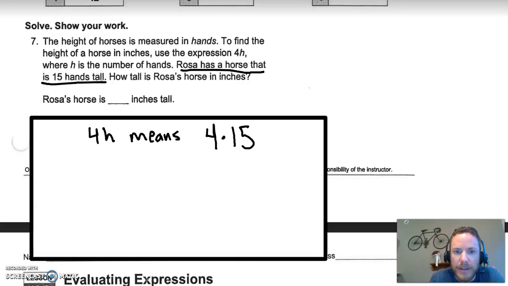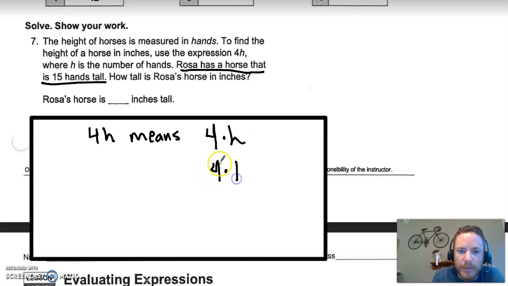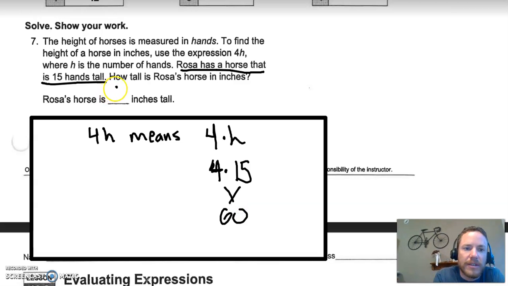So what that means is, I think, did I say 4 times h but then write 4 times 15? I should have written 4 times h, and then later we read that h equals 15, so it's 4 times 15. So I kind of skipped a step there without explaining it. And 4 times 15 is the same as 2 times 15, which is 30, times 2 again, which is 60. Rosa's horse is 60 inches tall.